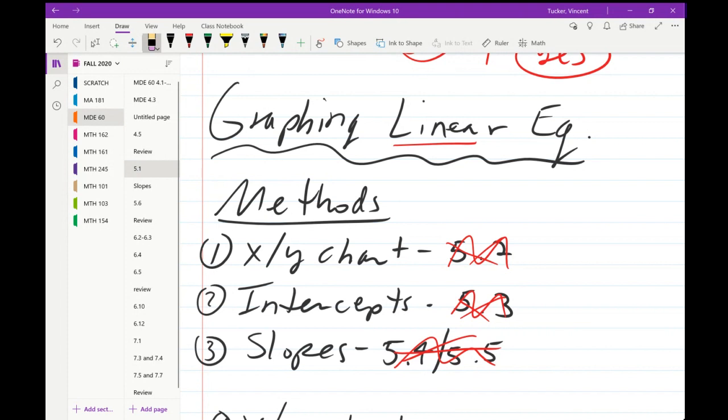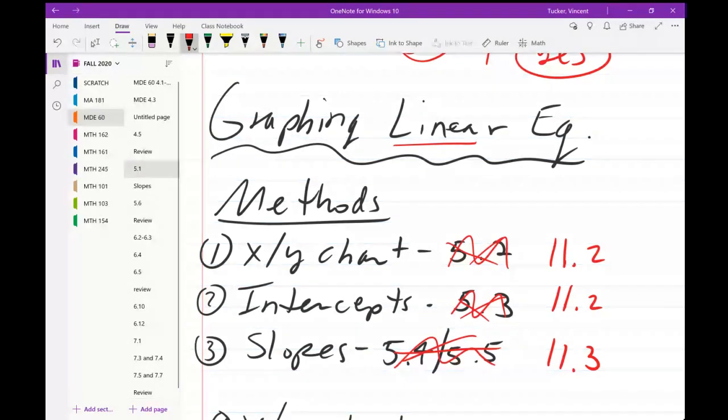So I believe for us, the first two are 11.2, and then your slopes are 11.3. Yep, so that's how we will do it. In 11.2, we create an XY chart and our intercepts, and we'll discuss those two. And then 11.3 is our slopes.